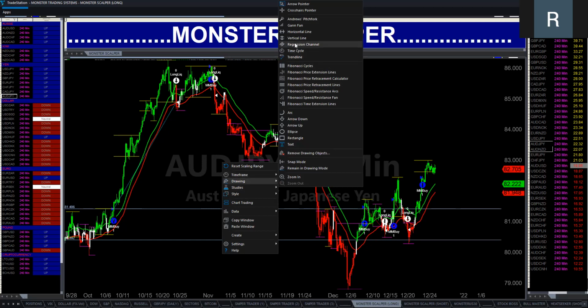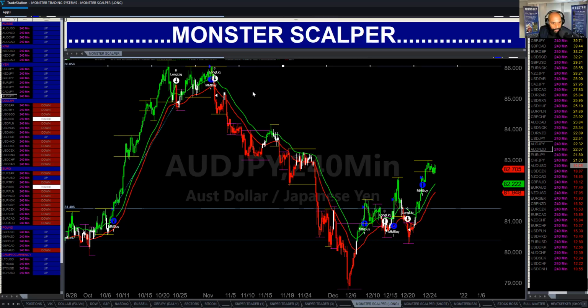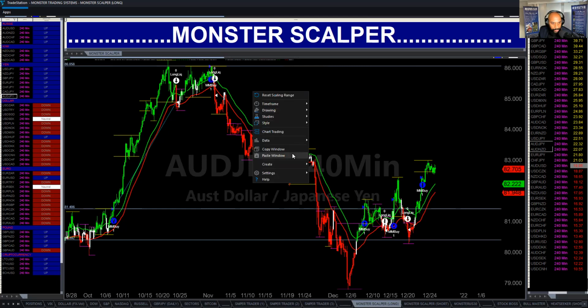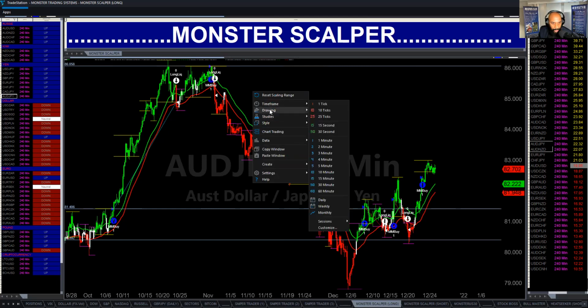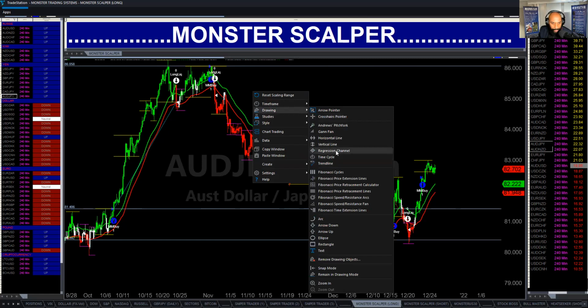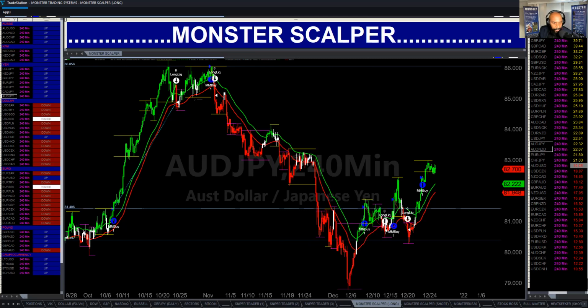Okay, so when the price gets between the moving averages, those are areas of a turnaround in the price. Same thing here. Okay, so the price got between the moving averages. That's the distribution phase.